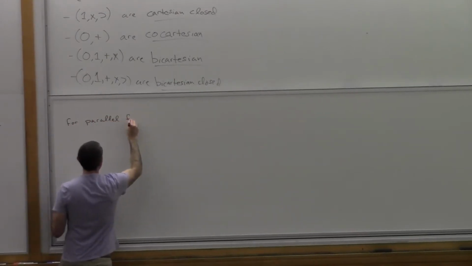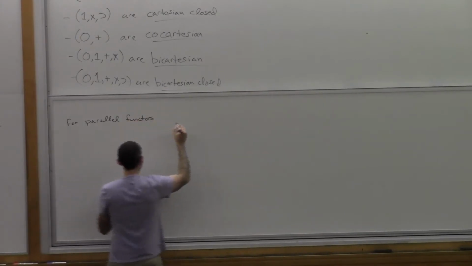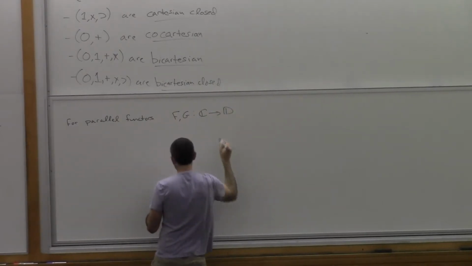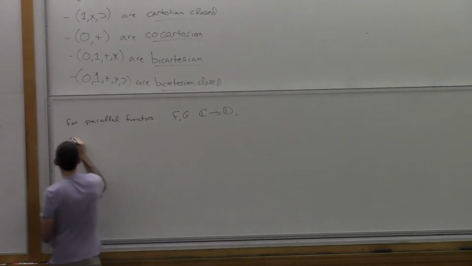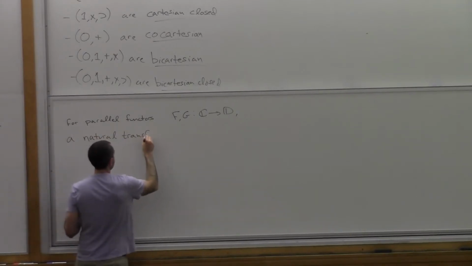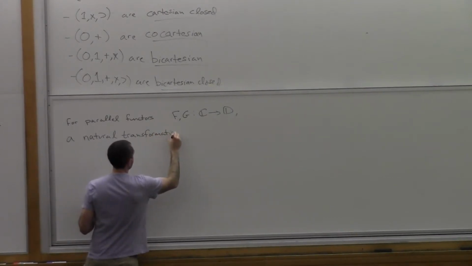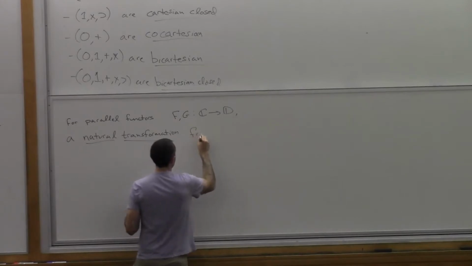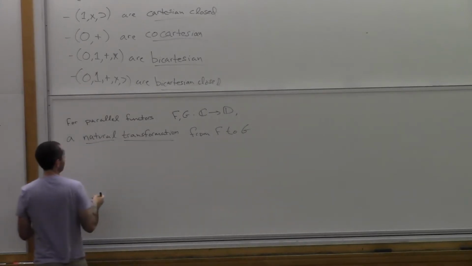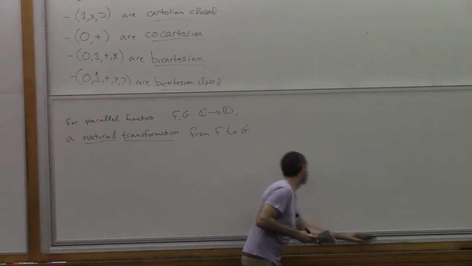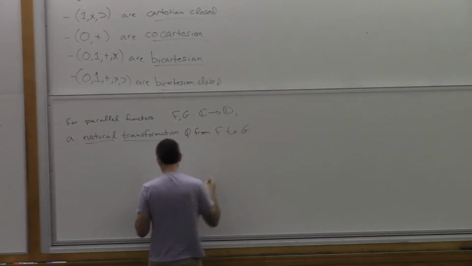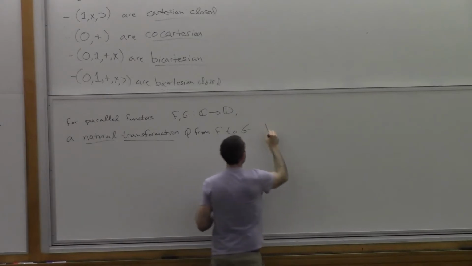For parallel functors F and G, whose domain category is C and whose codomain category is D, a natural transformation from F to G, to give this a name, let's call it phi, has the following structure.